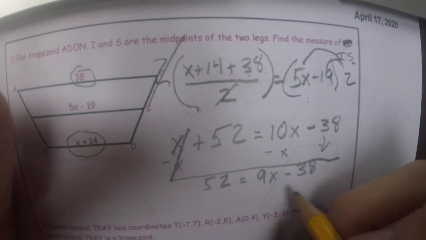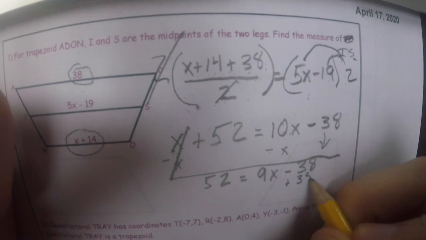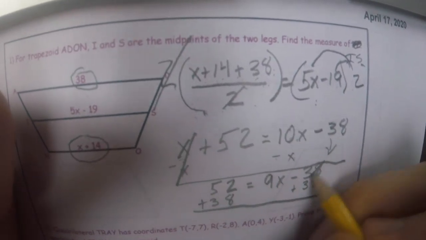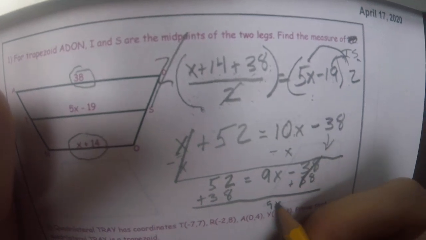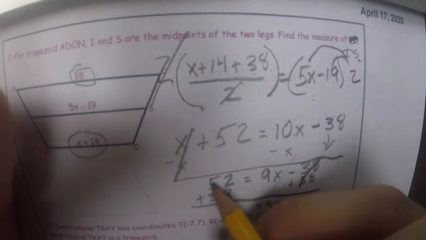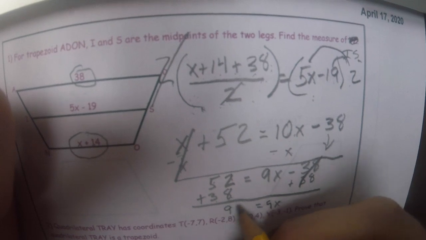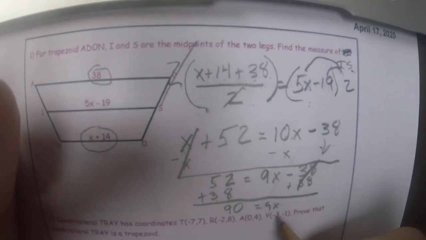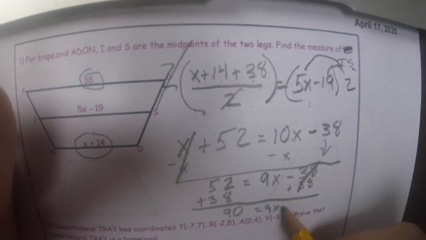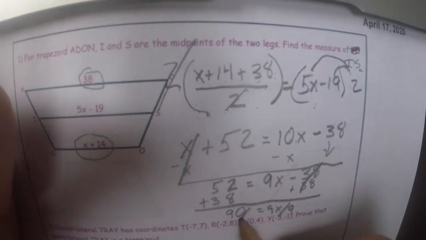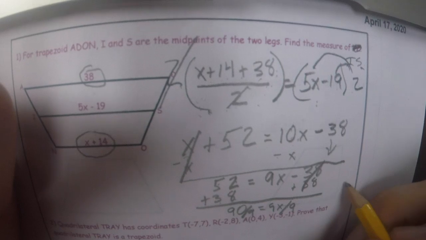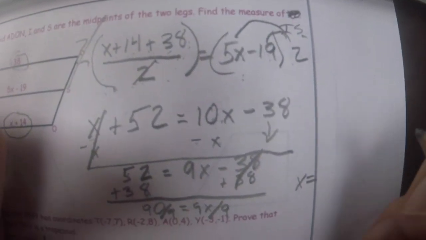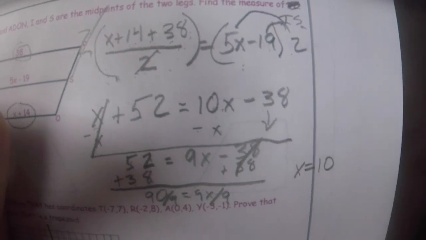Plus 38, plus 38. These will cancel, and I'm left with 9x equals 90. And last but not least, I'm running out of room here, guys. I'm going to divide this side by 9 and divide this side by 9, and I'm left with x equals 90 divided by 9, which is 10.